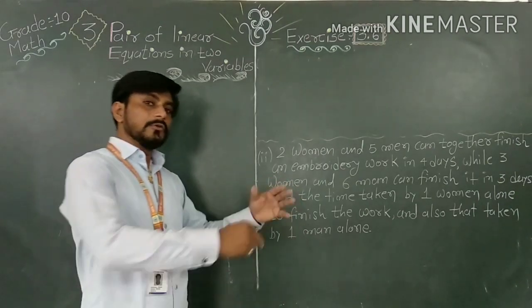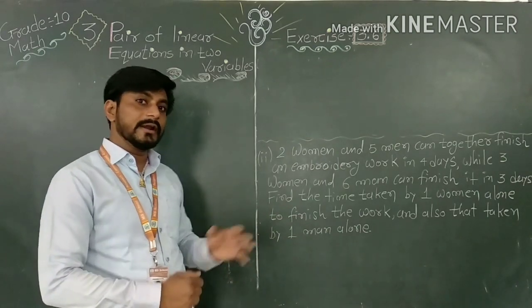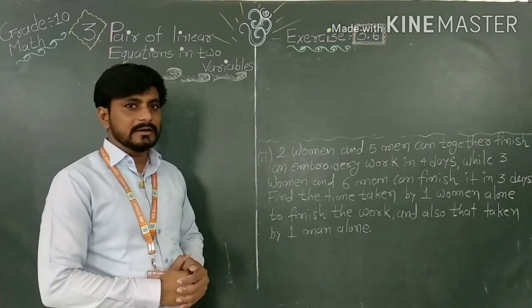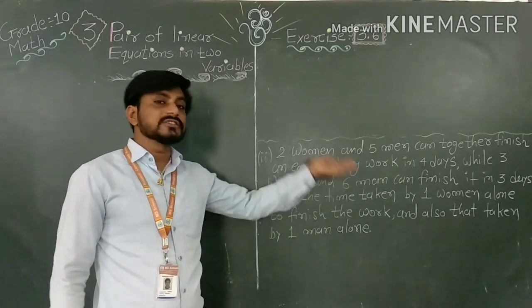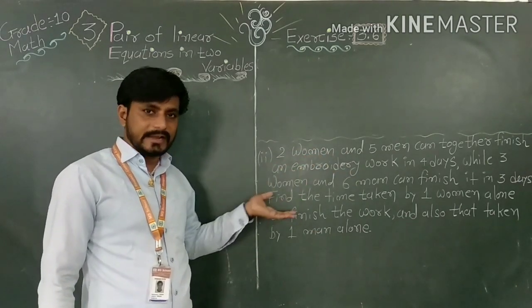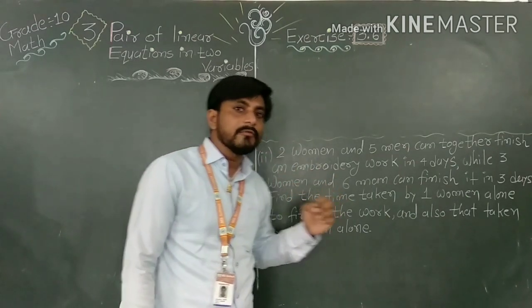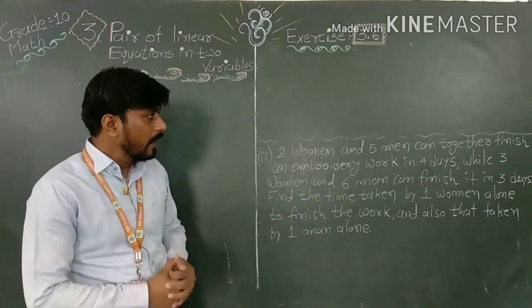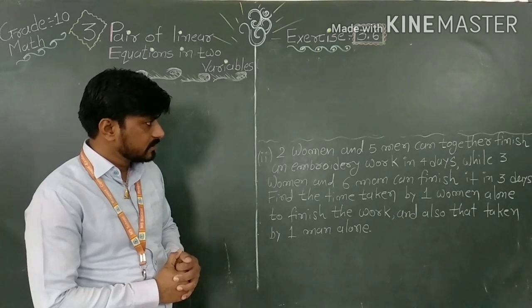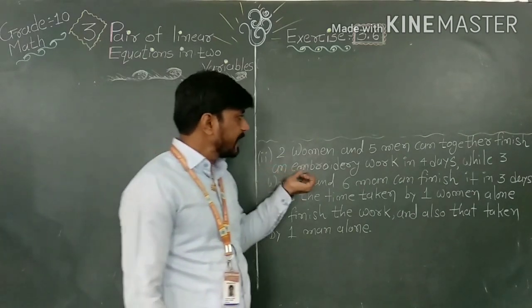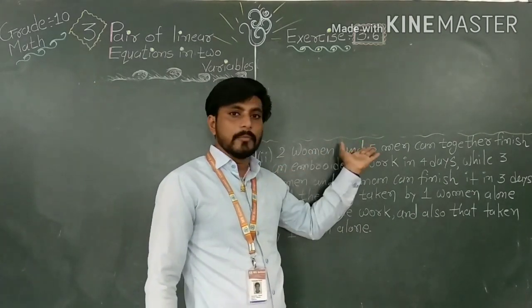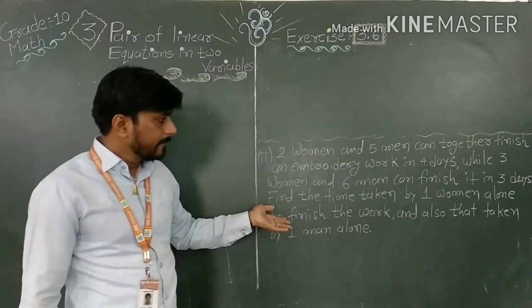Okay, in your previous standard you have already learned what a question about work and time is. First of all, what is our target? We want to find the number of days to finish this embroidery work for women as well as men.